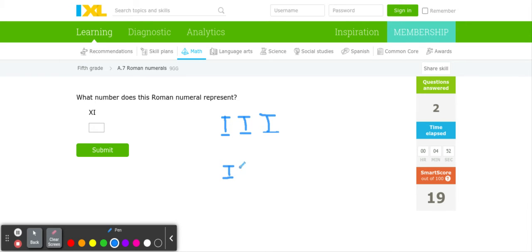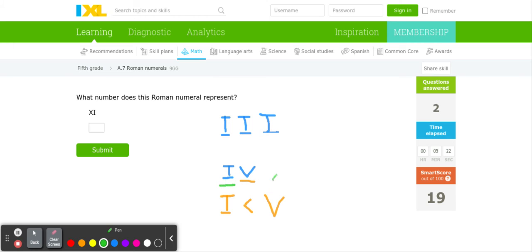When a letter is before another letter that stands for something else, and it's less, meaning I is less than V, then this means that you have to subtract the lesser number from the greater number.